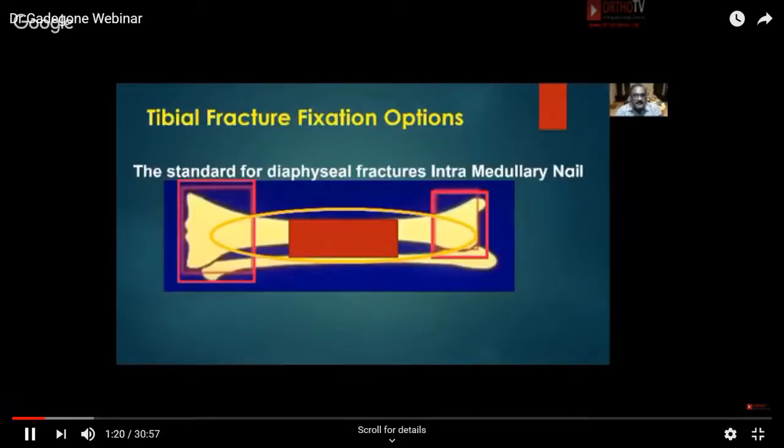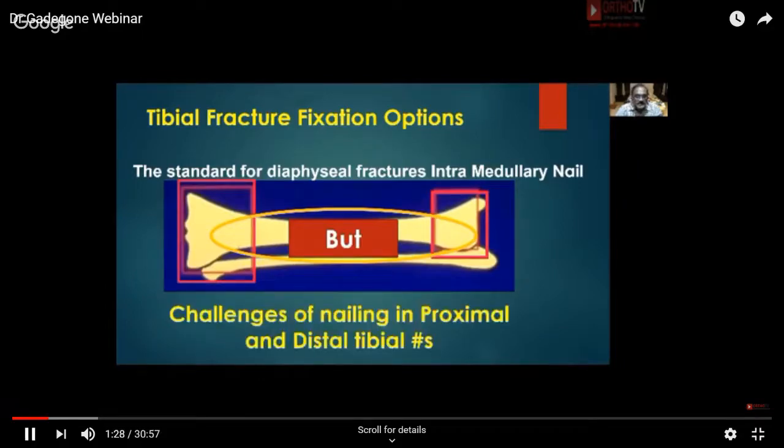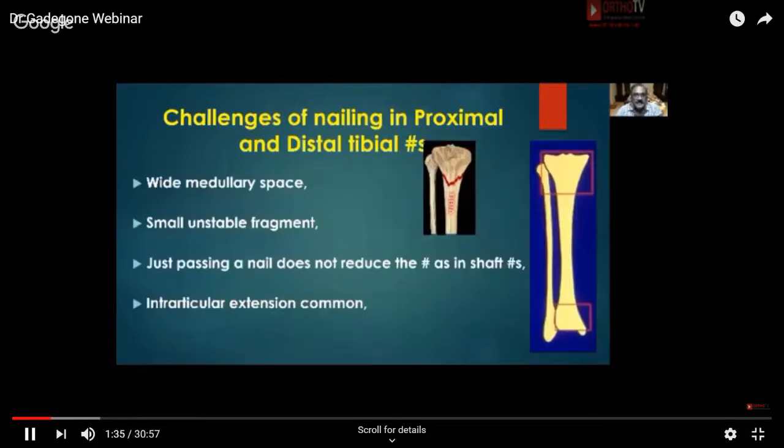The tibial fracture fixation options: the standard for diaphyseal fracture is the intramedullary nail, but there are challenges of nailing in the proximal and distal tibia. The challenges are many, but they are mainly a wide medullary space and a small unstable fragment.